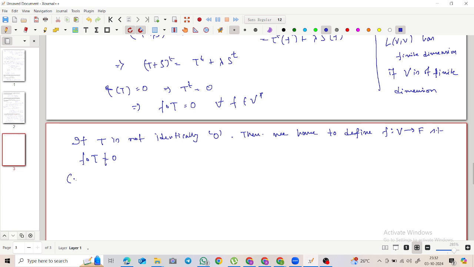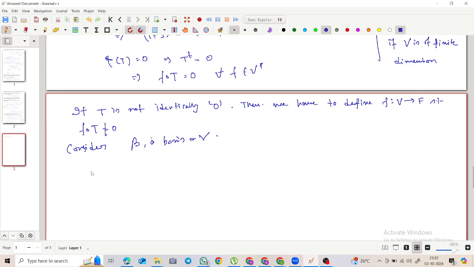So consider beta a basis of V. If T is not identically 0, T beta is not identically 0, right?